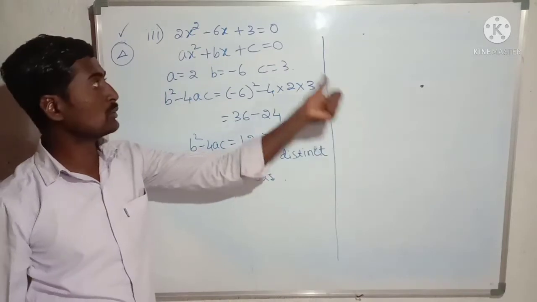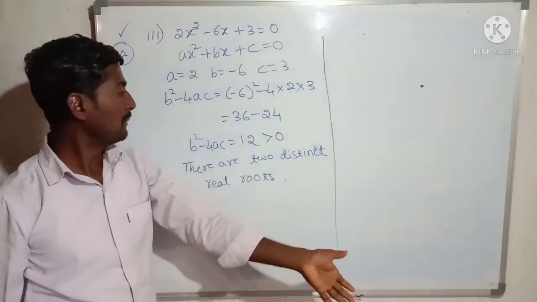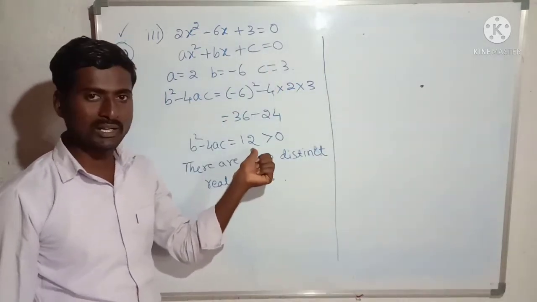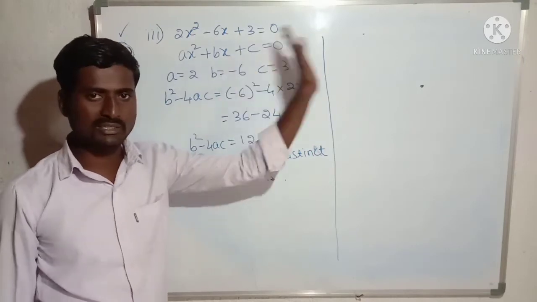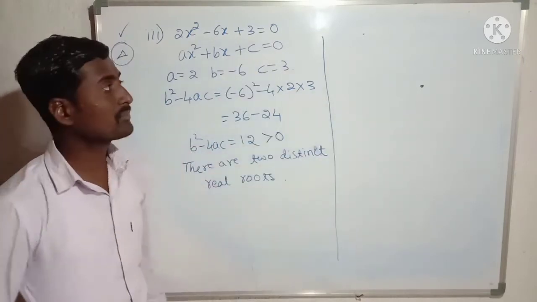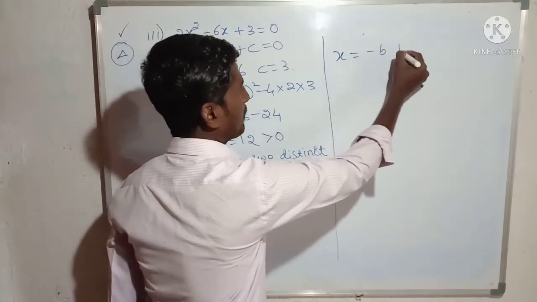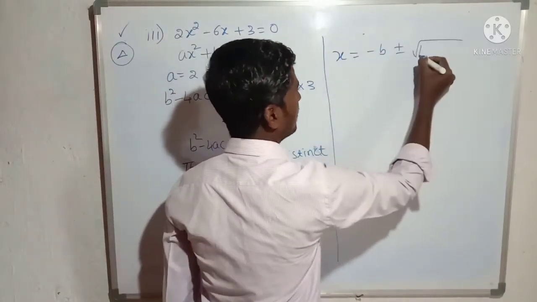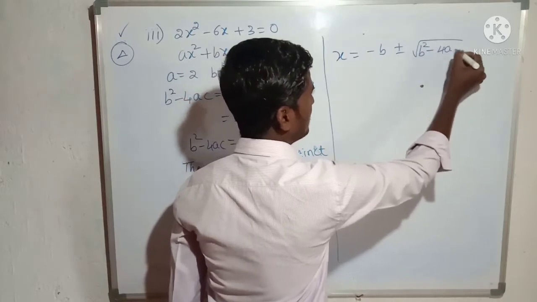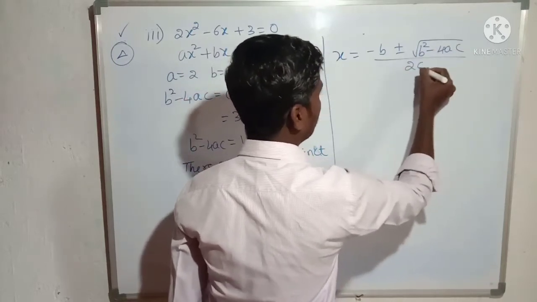We can find the roots by using any method. But here the b square minus 4ac term we already got, so we can directly substitute this in the formula and get the answer. Now I will use the formula method. X is equal to minus b plus or minus under root of b square minus 4ac, divided by 2a.